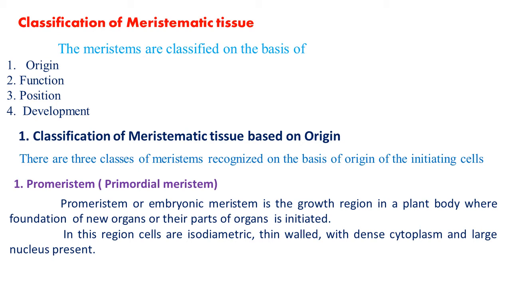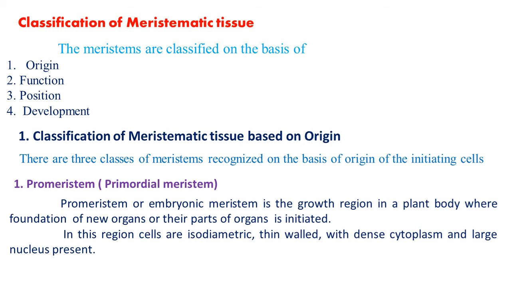The meristems are classified on the basis of 4 types: origin, function, position, development. First of all, classification of meristematic tissue based on origin.